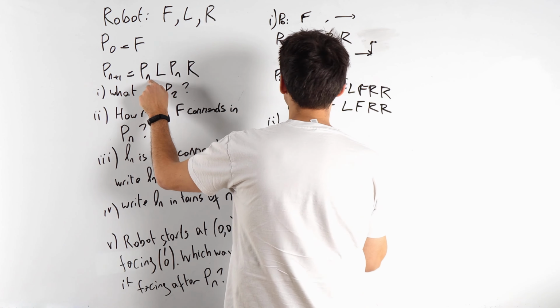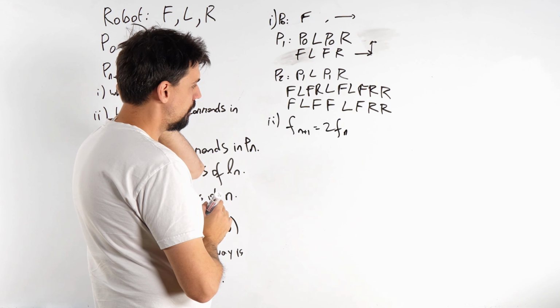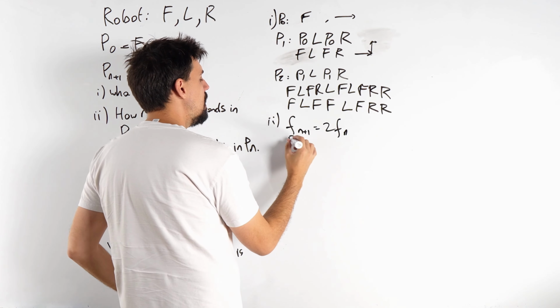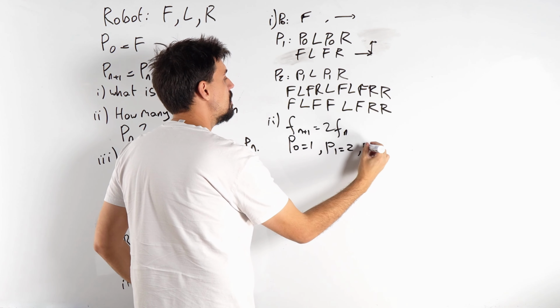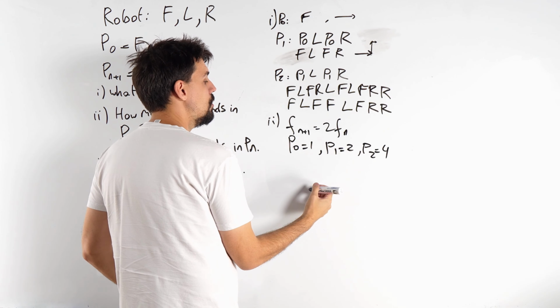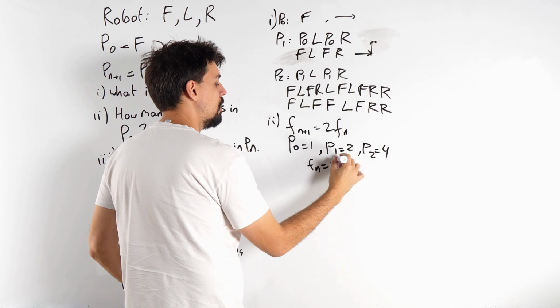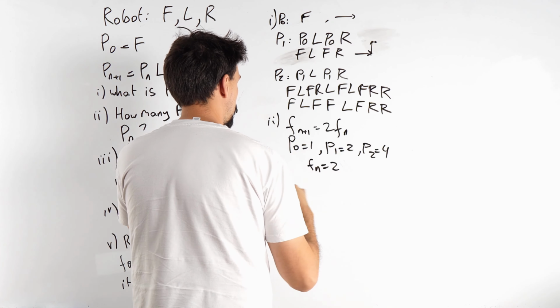So all you've got is twice the number of forward commands in the previous one. Now we start with 1. So because P0 is 1, P1 is 2, and we'll quickly see that P2 is 4. We should quickly be able to see that Fn, the number of forward commands, is 2 to the power of n.